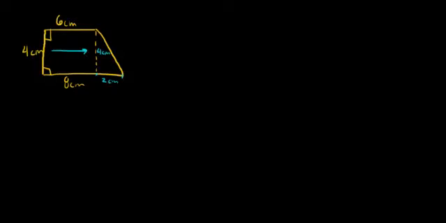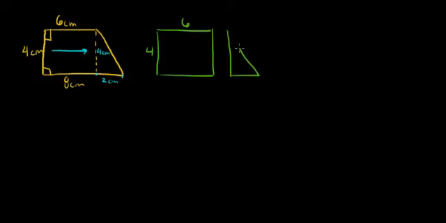So if we were to take this apart, we have a rectangle now that is 6 by 4, and we have a triangle that looks to be 4 by 2. So we need to use two different formulas.